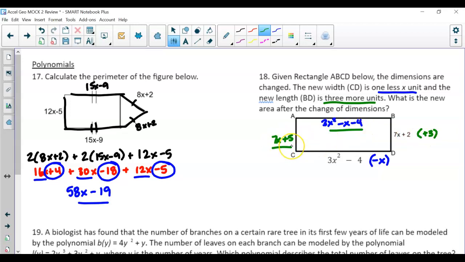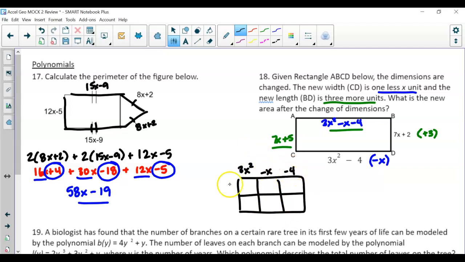Now, this is what we're going to use to find the area, which is just multiplying. So setting up our area, 3x squared, negative x, negative 4, and 7x plus 5. Now here, 21x cubed, negative 7x squared from x times x, negative 28x.